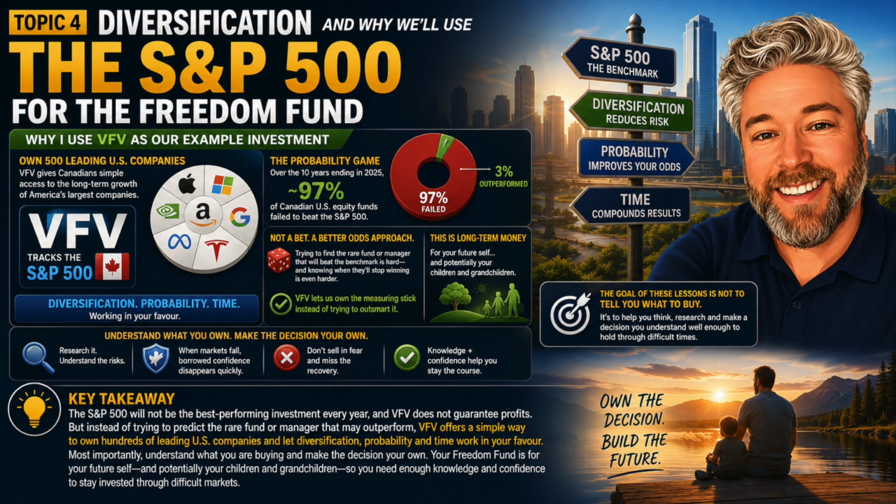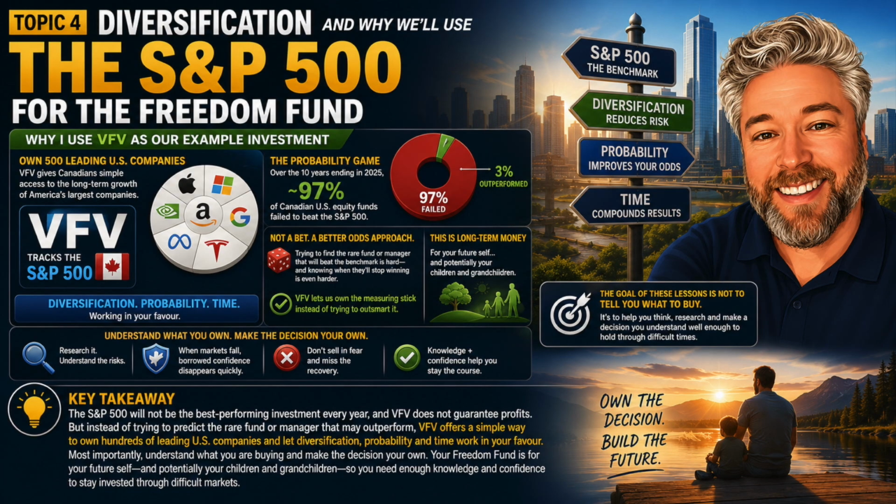The question is about probability. Over the 10 years ending in 2025, approximately 97% of Canadian and US equity funds failed to beat the S&P 500. Some funds will perform, but identifying those winners beforehand and knowing when they will stop winning is extremely difficult.